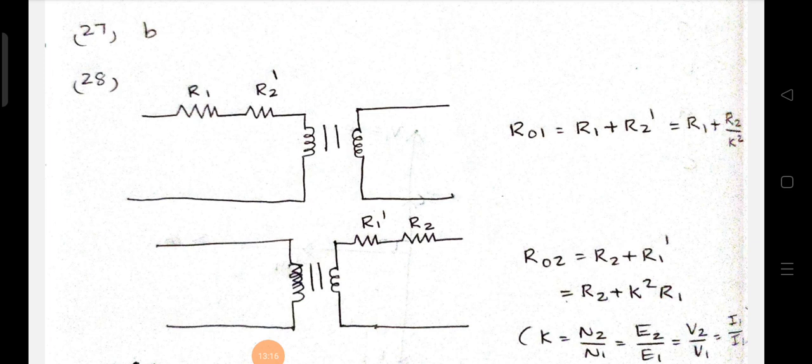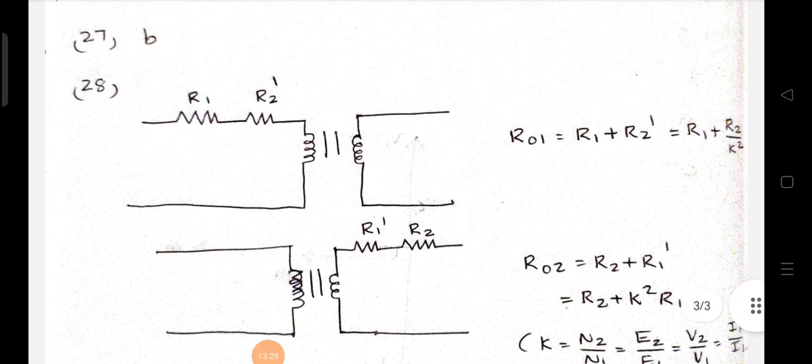Why? Because that is changing resistance. Then the total resistance referred to the primary side is represented by R01. That is equal to R1 plus R2 dash. R2 dash is equal to R2 by K square, where K is the turns ratio. That value is N2 by N1, that is equal to E2 by E1, that is equal to V2 by V1, that is equal to I1 by I2.